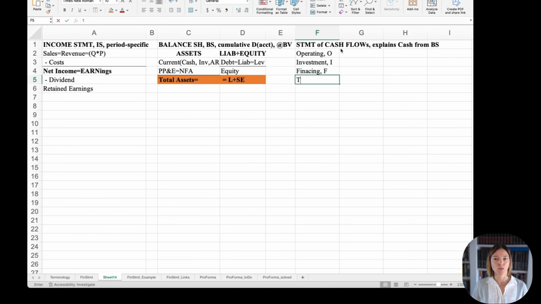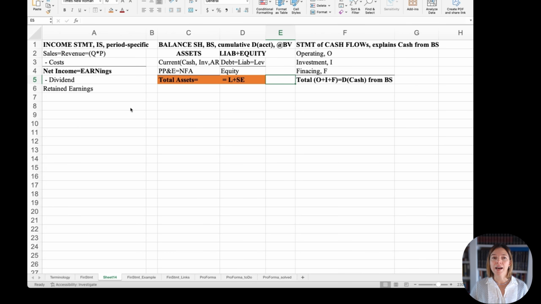Together you can total it up into your total cash flow of operating plus investment plus financing cash flow. One way to always double check your work is that this should always equal the change, or the difference, D for difference, in cash from the balance sheet, because this whole statement explains cash on the balance sheet. I'm going to again create a sub-summary here.